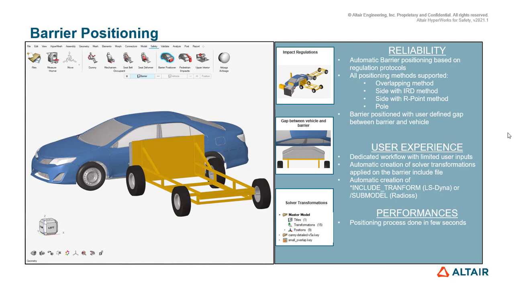So it will be still an include file, but it will have the transform card defined within HyperWorks, or it will write the transform card for the respective solver. And when you are positioning the barrier in HyperWorks, it's very quick, and you can position the barrier within few clicks and few seconds.